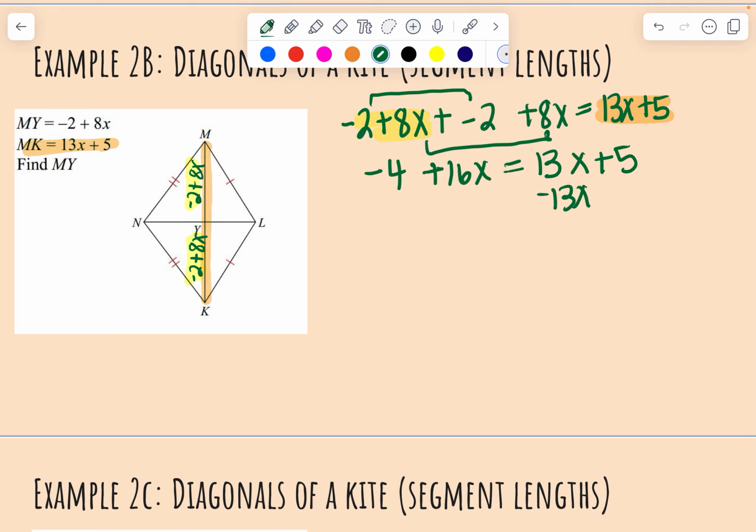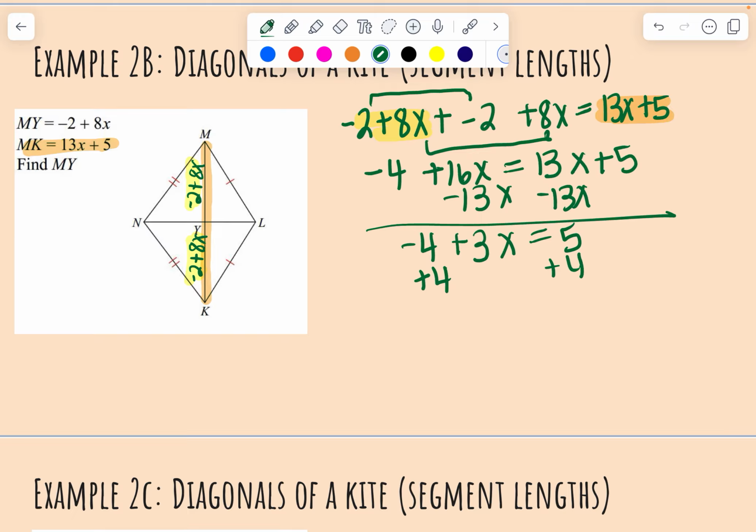Let's get all my x's on the same side. So I'm going to take 13x from both sides. Negative 4 plus 3x is 5. Add 4 to both sides. 3x is 9. And dividing by 3, we get x is 3.